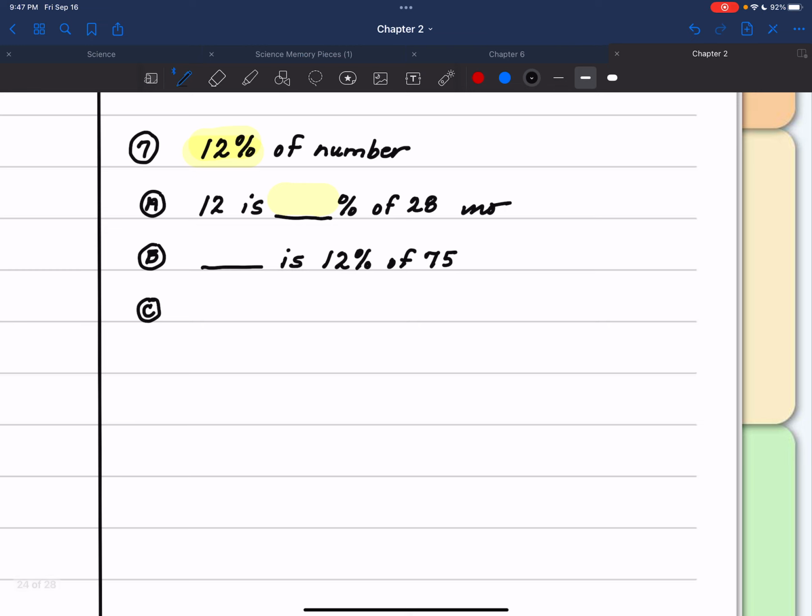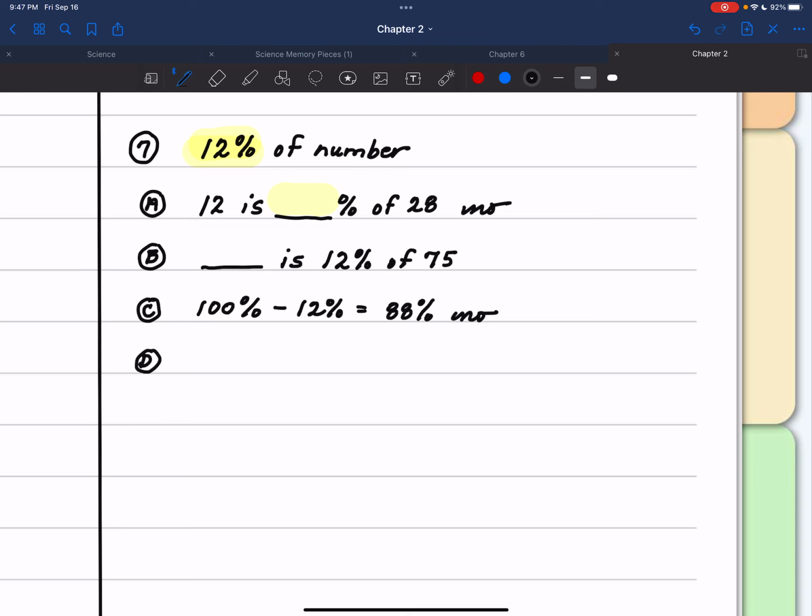Jean donates 12% of her income to charity. What percent of Jean's income is not donated to charity? Well, this would be taking her whole income and subtracting her charitable contributions to get 88% that is not to charity. That's not 12% of a number, that's a number minus 12%.